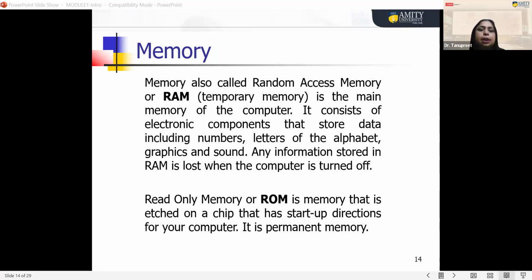How many of you have seen your mobile chips, that means your SIM cards? Students, that is an integrated circuit. Whatever SIM card you have seen is an integrated circuit. So the integrated circuit came into existence with the third generation of computers.